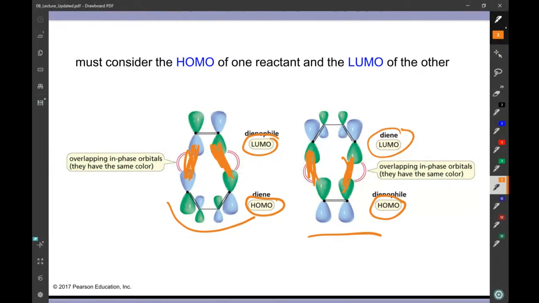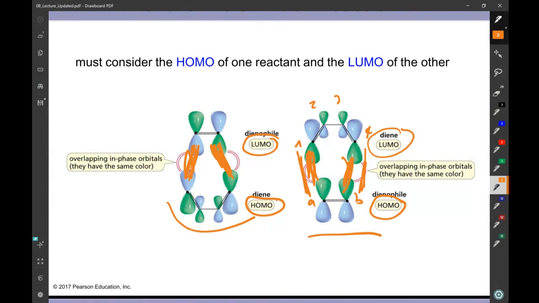Is it the new pi bond between 4 and B, 2 and 3, or 1 and A? In this case, this will be my 1, 2, 3, 4, and this will be my A and my B. So you are creating a new bond between 1 and A and a new bond between 4 and B. Is that always the case, or does it just so happen here?